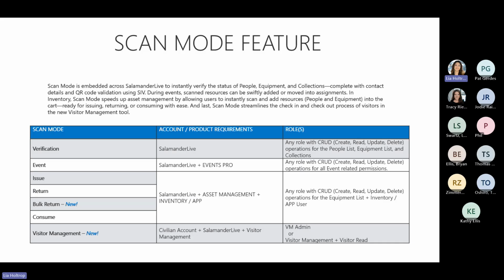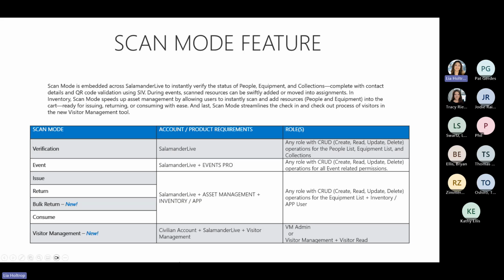With all four of these, for roles, you just have to have, again, create, read, edit, delete operations for the equipment list plus the inventory/app user. So if you're an administrator, you would have all access to this. But again, you'll see these are for those roles that are very specific and restrictive for inventory management only.